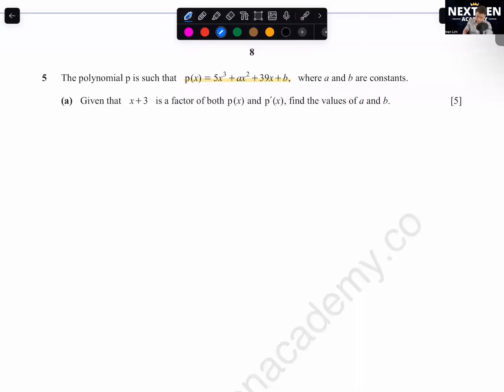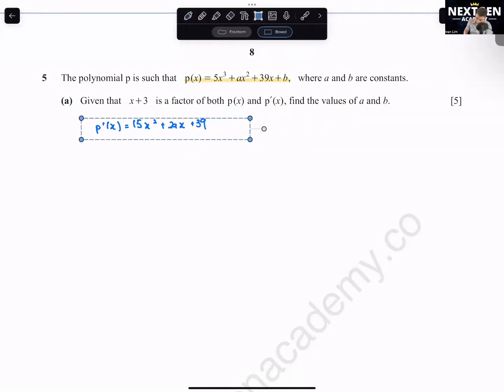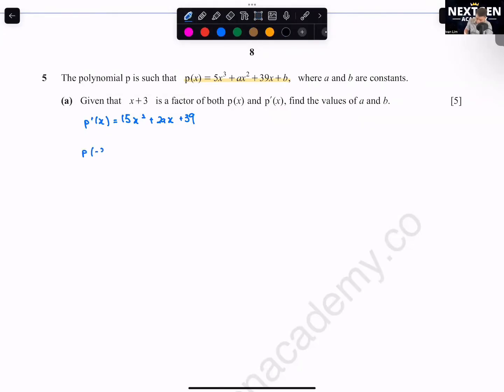Okay, let's find what's the p prime x first. P prime x is equals to 15x squared plus 2ax plus 39. Okay, so we got two equations here. P negative 3 is equals to 0.